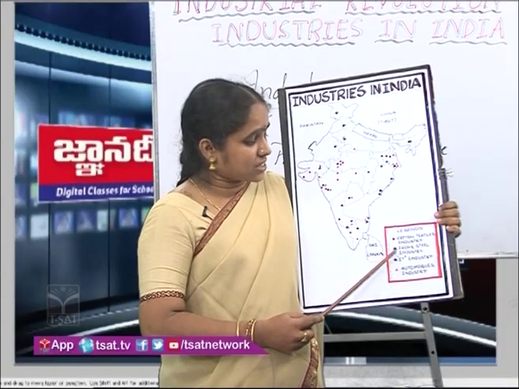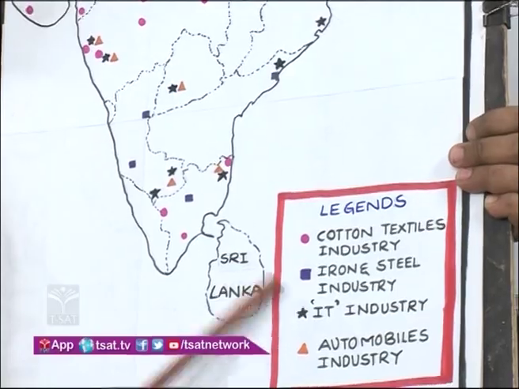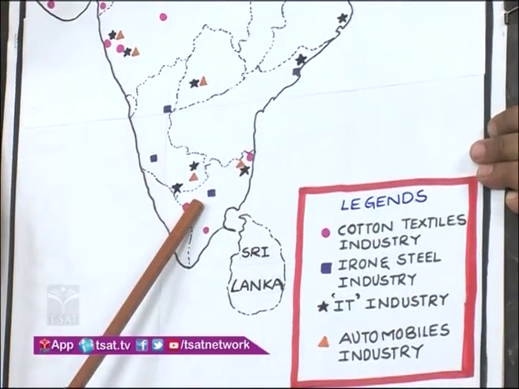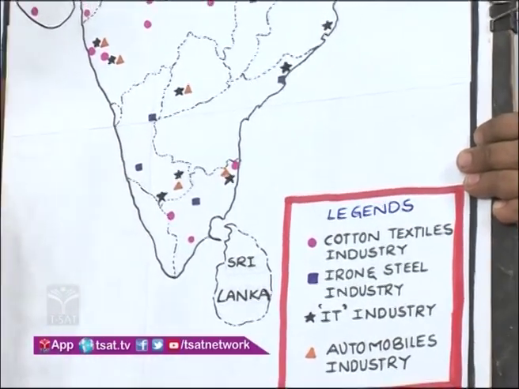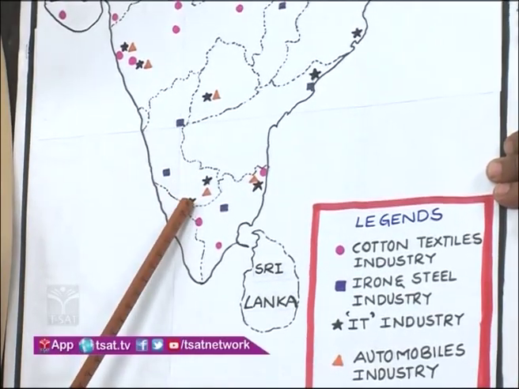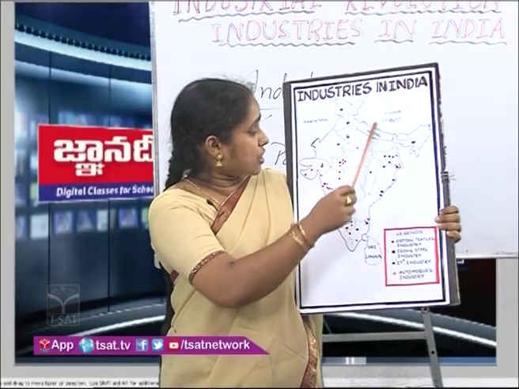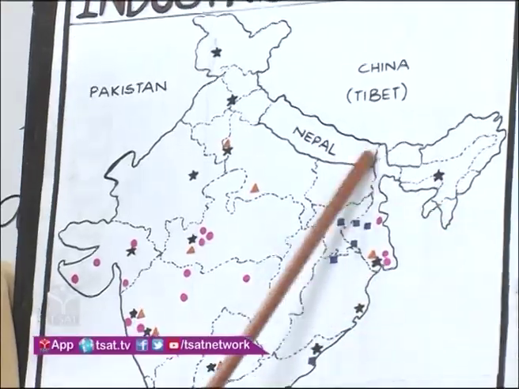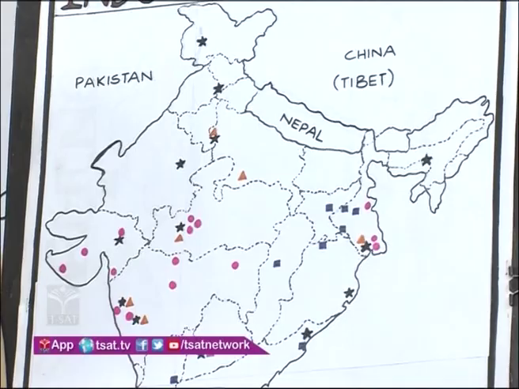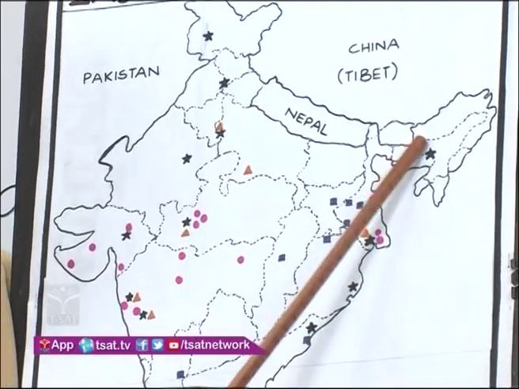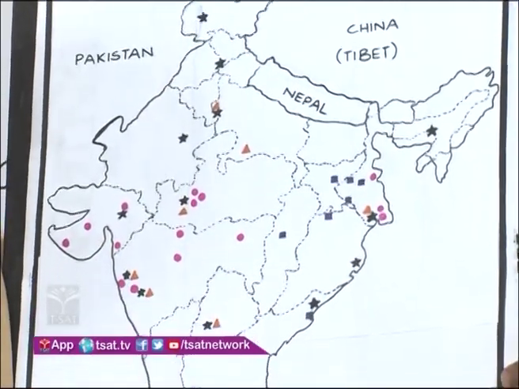The next one is the IT industry, information technology. Naturally it must be present in big cities, particularly in capital cities. You can see them all over the regions, in the northern region, western region, northeast, and southern region. Everywhere you can see these IT industries.